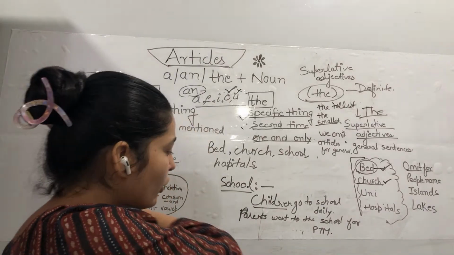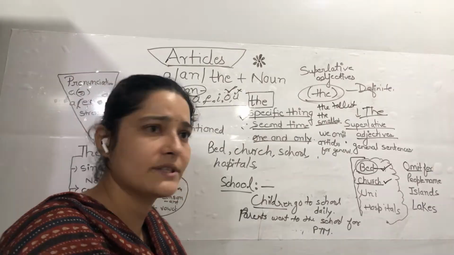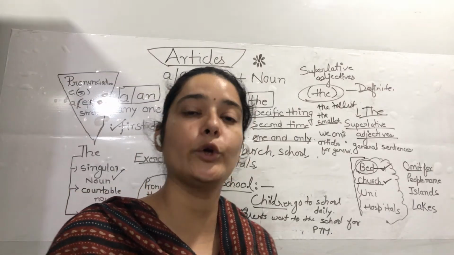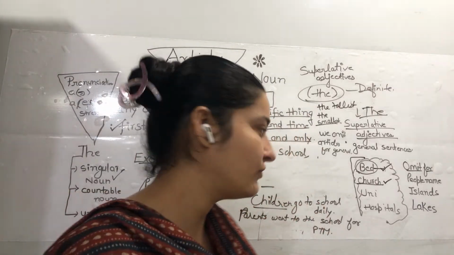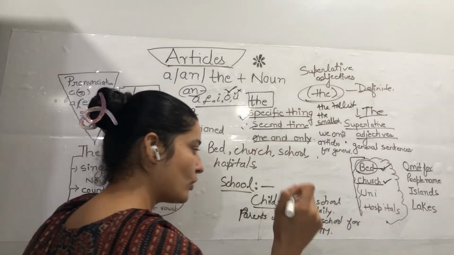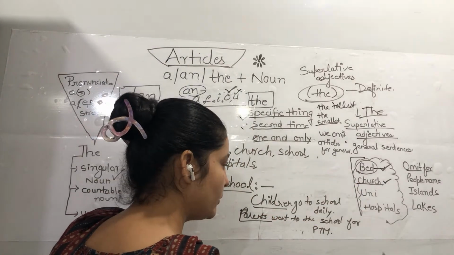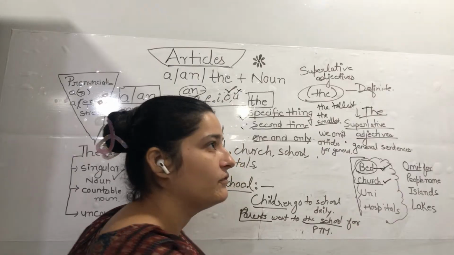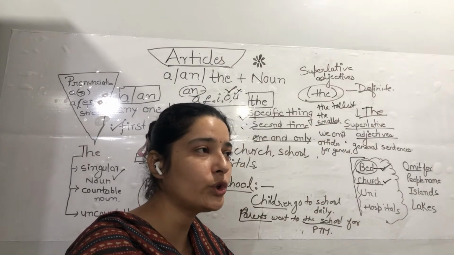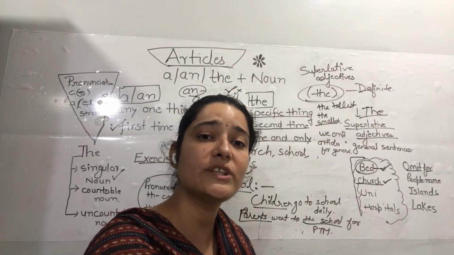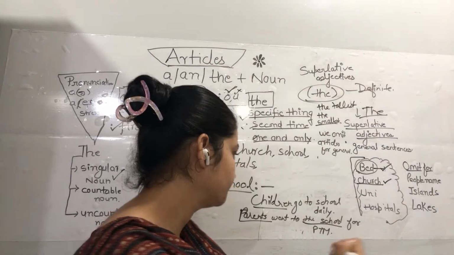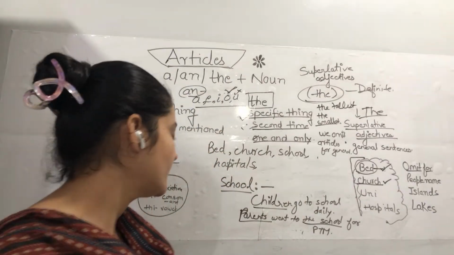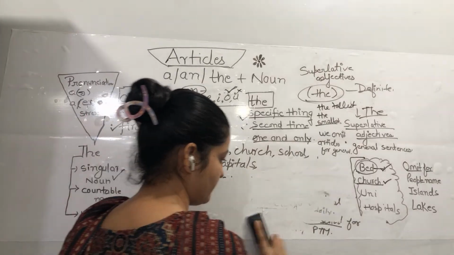But parents are not going always to the school. They visit for some function or particular meetings with the teachers. So for parents there will be "the school," because they go to that particular school in which their children study.